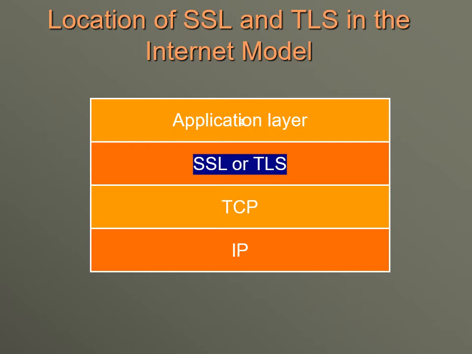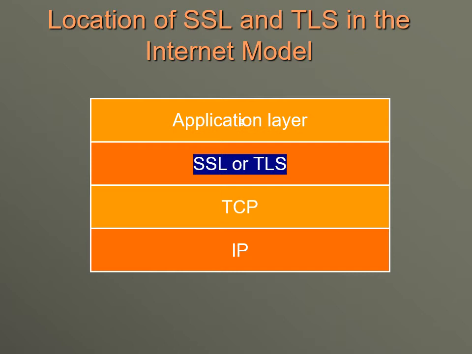Transport layer security basically provides end-to-end security services for the applications that use a reliable transport layer protocol, such as TCP. The idea is to provide security services for transactions on the internet.